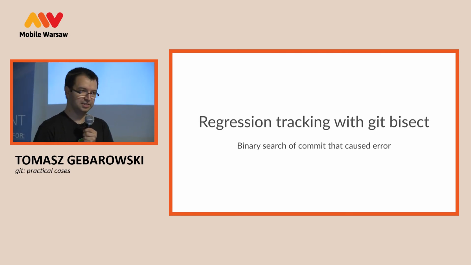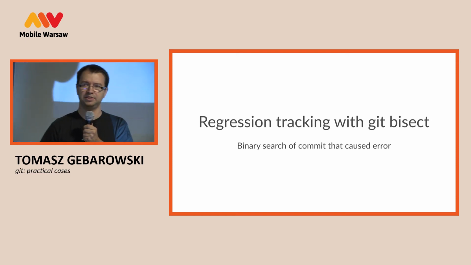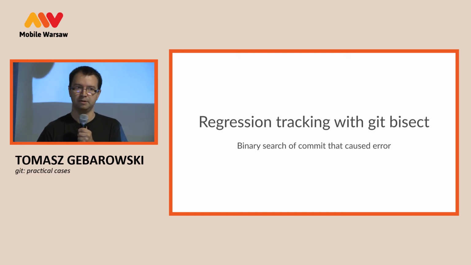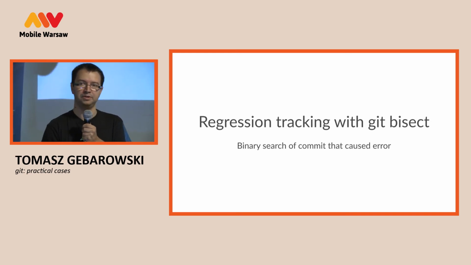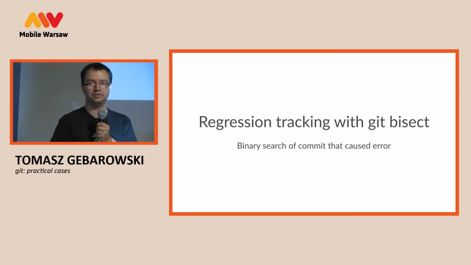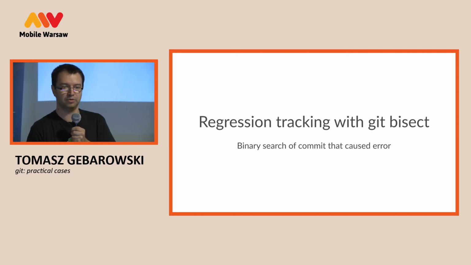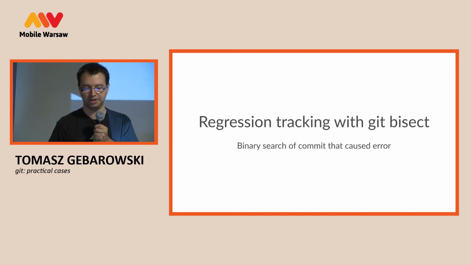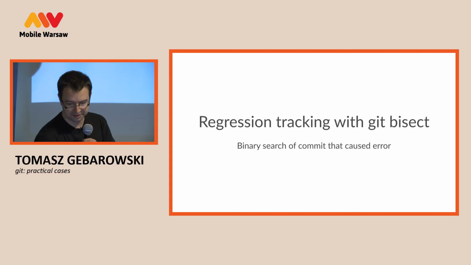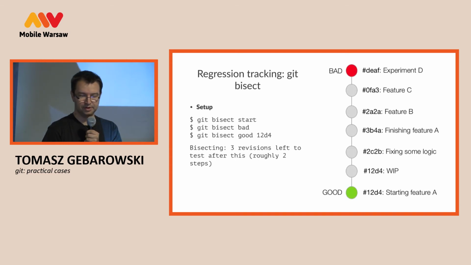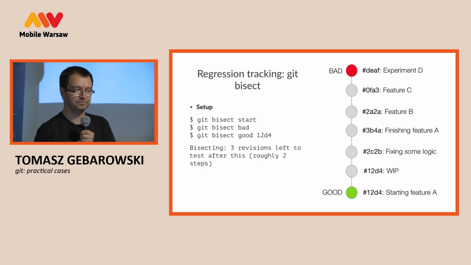With Git bisect, it simply works as a binary search algorithm. So it divides a range in half, then depending on the test results, scans either the top or low part of the range.